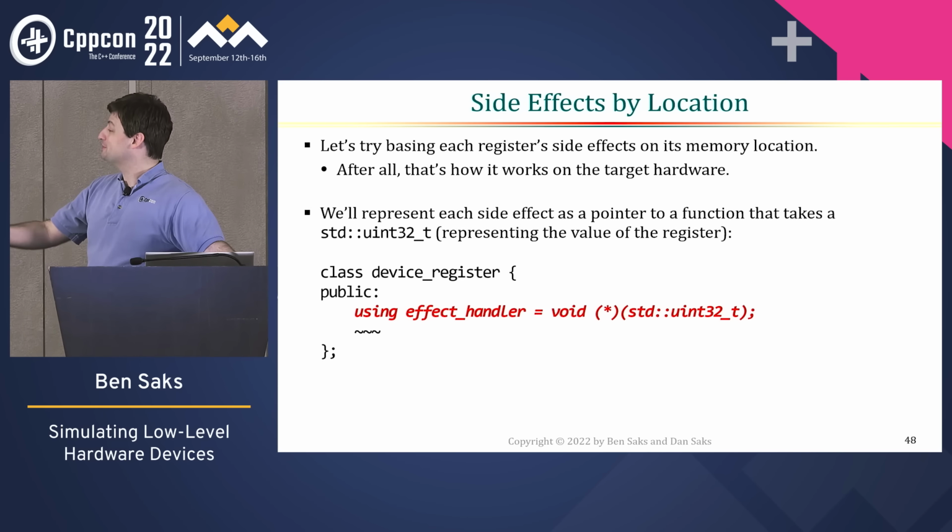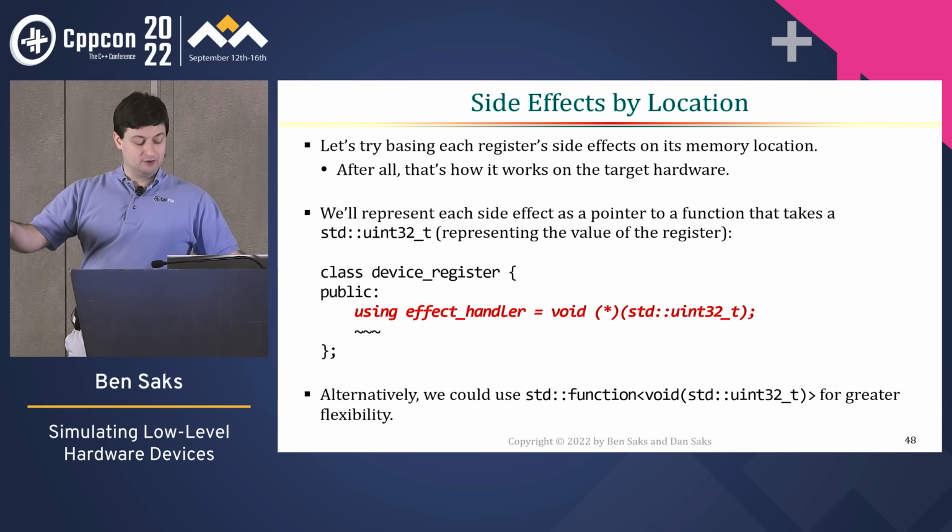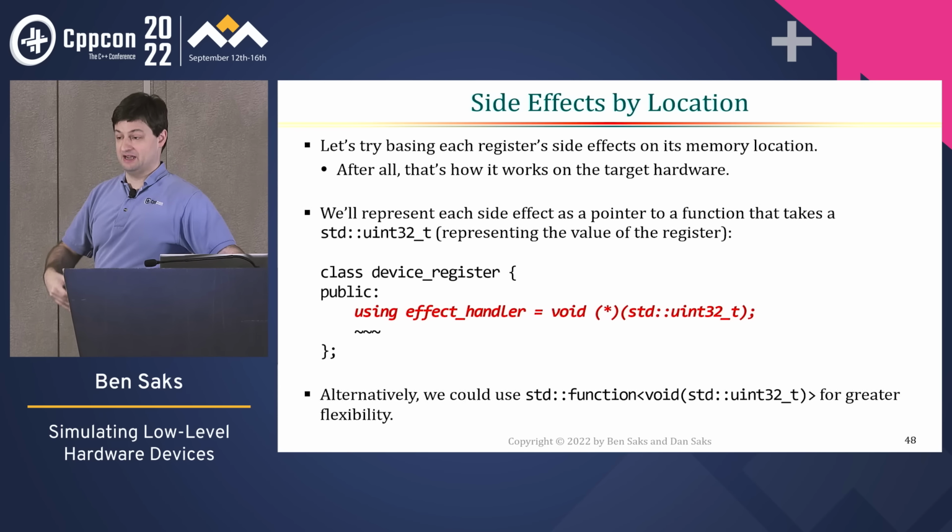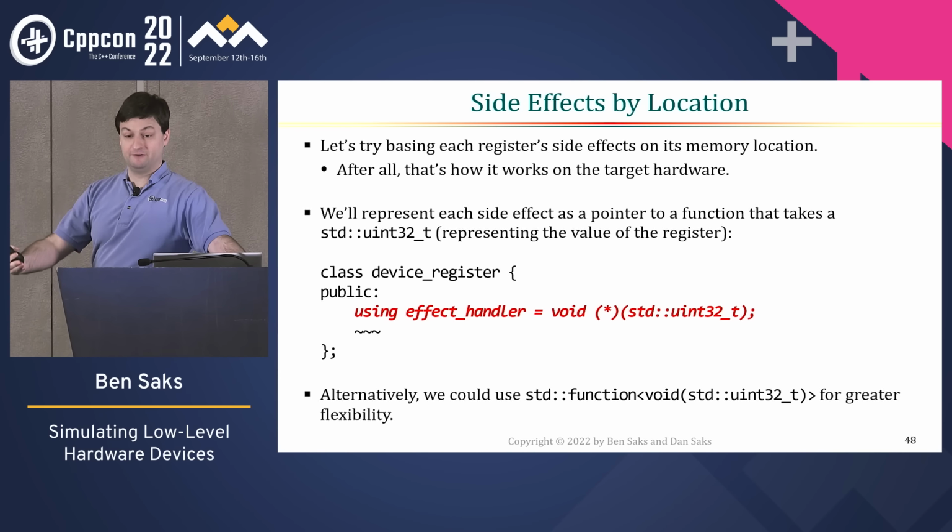Now, I'm showing it here using a pointer to a function. Alternatively, you could use something like a std::function if you wanted to. That might provide additional flexibility. If you're familiar with how std::function works, that would give you the ability to write the handler as something like a lambda function. If not, you can stick with a pointer to a function like I'm showing here.